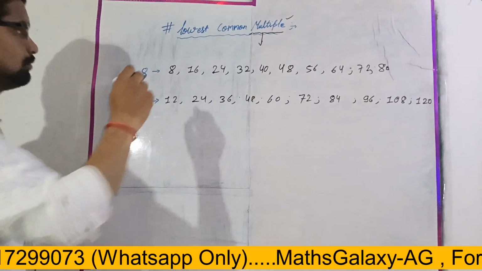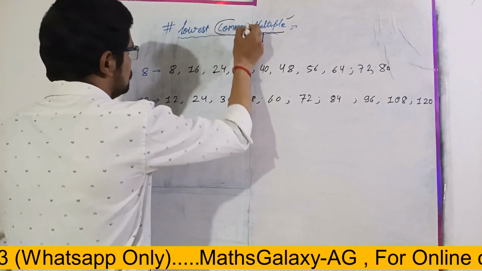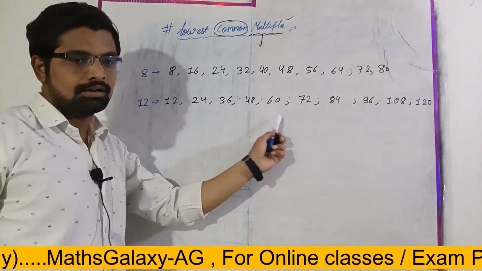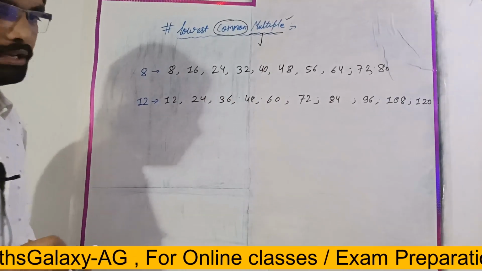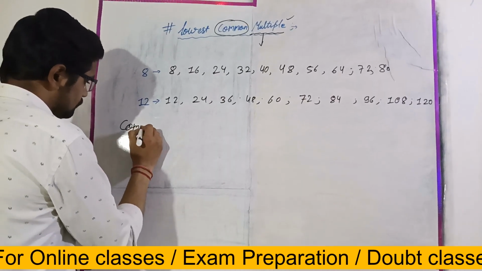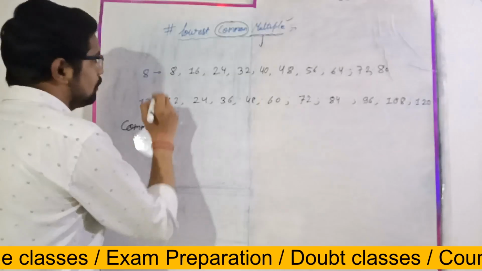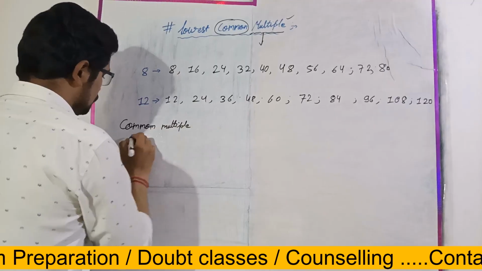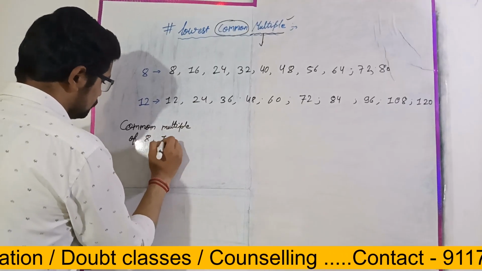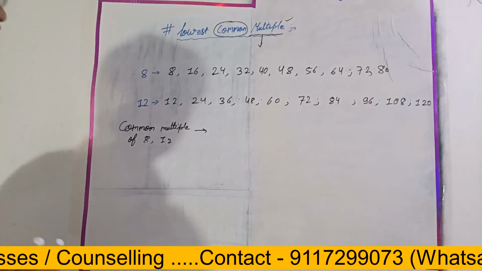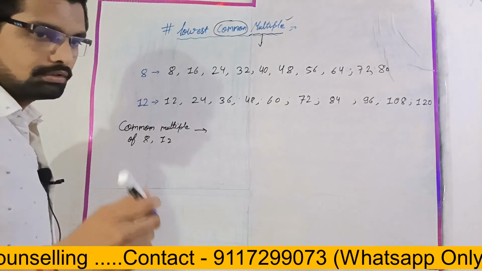Now let's come to the word common. Common means which is similar or the same in both. So here we will write the common multiples of 8 and 12. Can you find the common multiple of 8 and 12? 24.